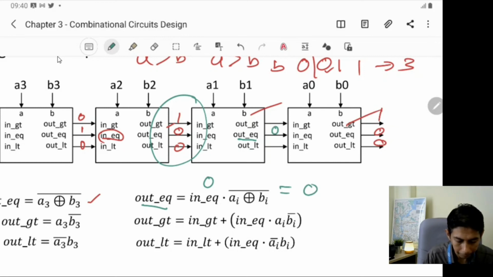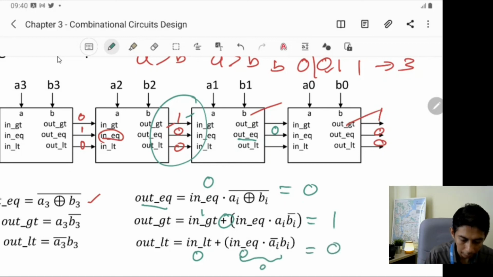And this one, because in GT is equal to 1, and this is an OR gate, this will give you always 1. And for this one, because in equal is equal to 0, this product is 0, so the output should be 0.